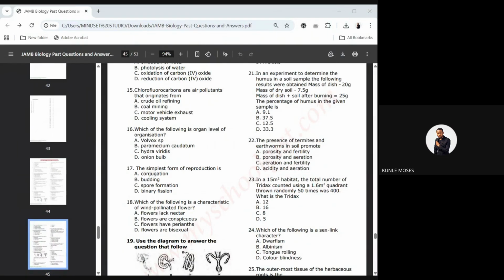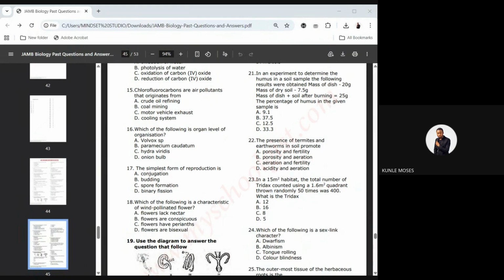Which of the following is a sex linked character? Color blindness. Sex linked character is not color blindness. Musa, you said color blindness is dominant in men.